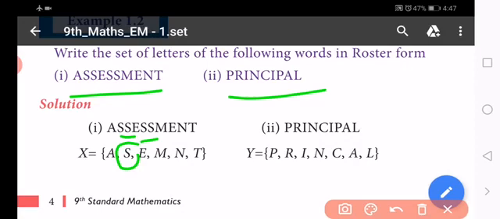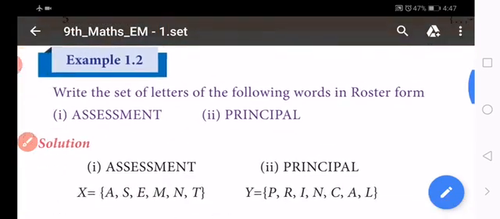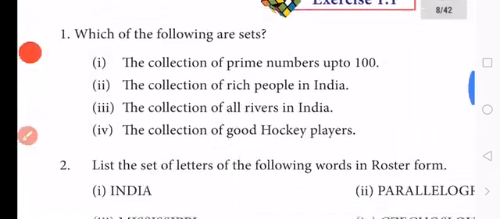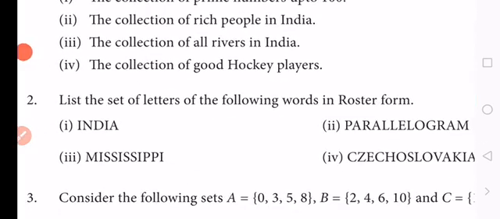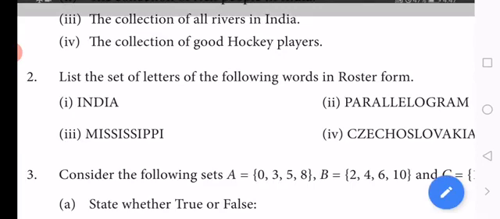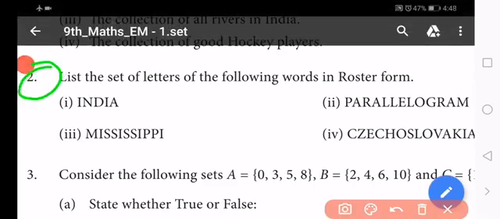Also, in a roster form, the elements in a set can be written in any order. These elements can be interchanged within the curly brackets. It is possible. So this is example 1.2 of our textbook, and in the same way we take the second sum as homework.